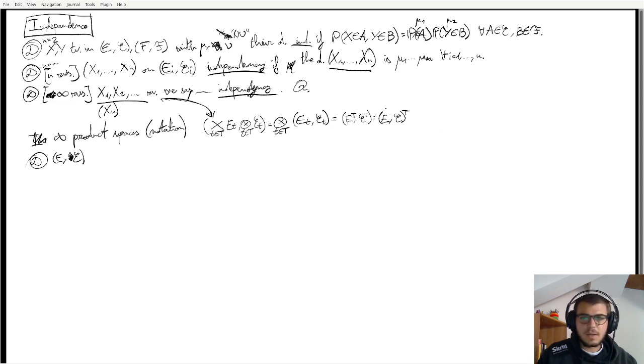I think that these two notations are used when all the sets are the same for each random variable, but I'm not sure.